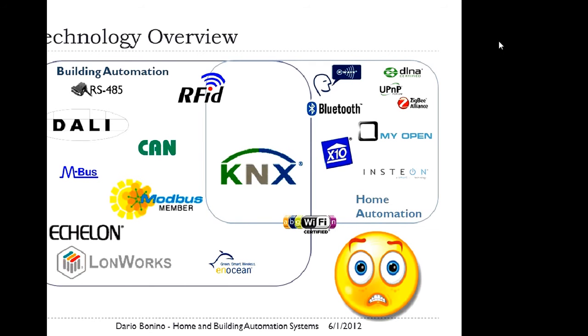Okay, so if I have my open system, I can control a Konnex system, but this is not a peer-to-peer integration. This is an inclusion of the Konnex system inside the My Open system. So the My Open is controlling the Konnex system. They are not at the same level. Okay, so this is the main scenario.